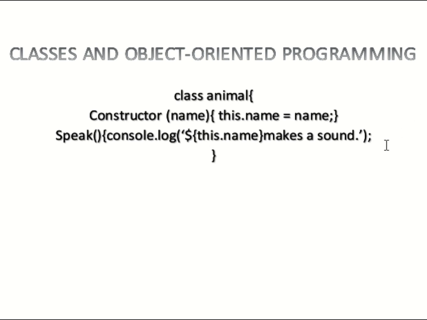Then next, we have const dog equals new Animal, dog, and dog.speak.